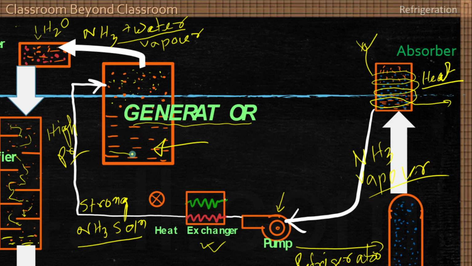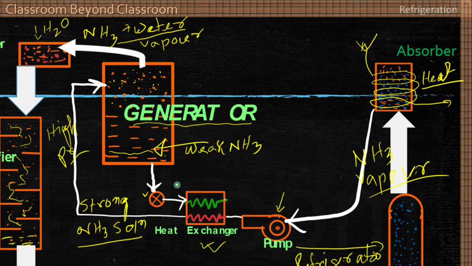So at the bottom of the generator there will be weak ammonia solution, because ammonia is going out as ammonia vapor. So there will be less concentration of ammonia in the solution, and this weak ammonia solution will be taken from the bottom.